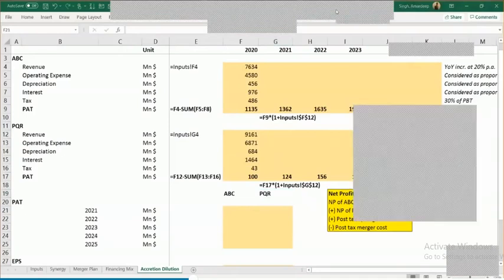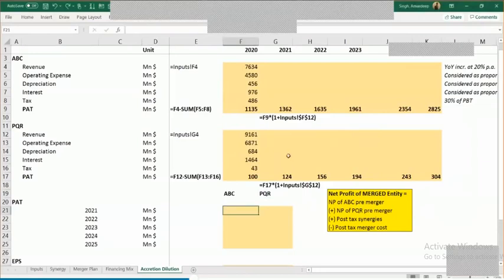All right. Any other questions till this stage, and then we can proceed.